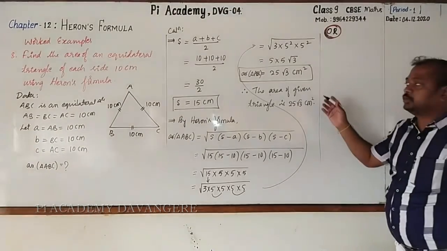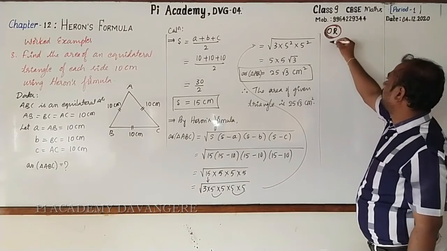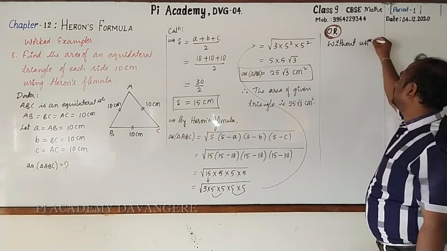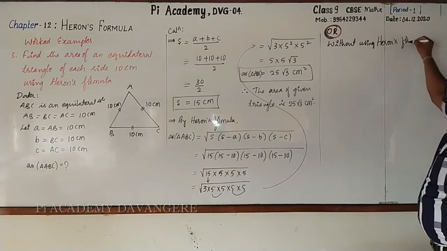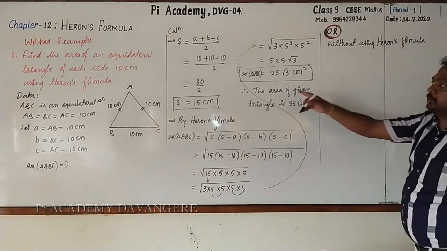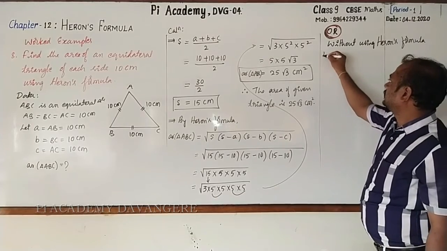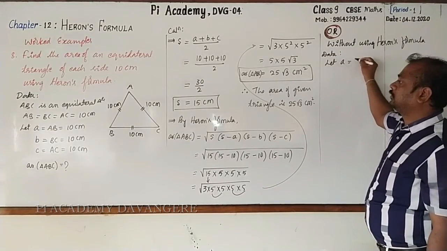Here I am showing you another method without using Heron's formula. They have given each side of an equilateral triangle. That is right. Let a equal to 10 centimeter.